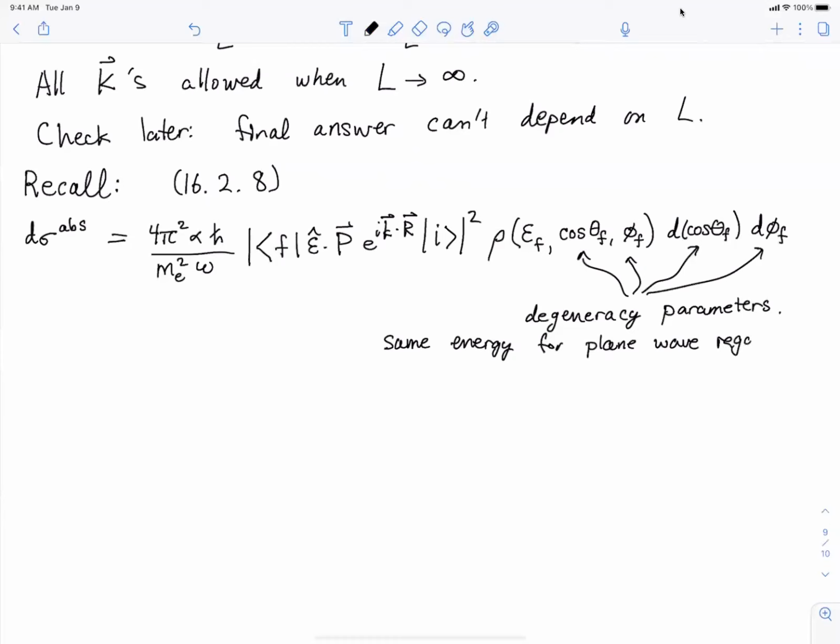And so there are differentials of them there. And so what we're supposed to do to get the actual cross-section is we're going to integrate over those later.